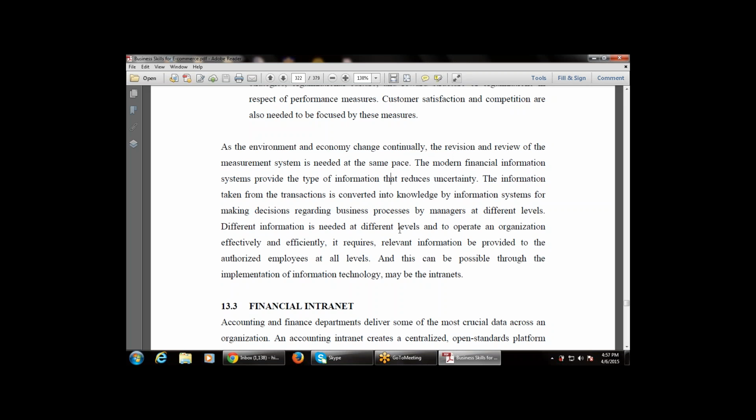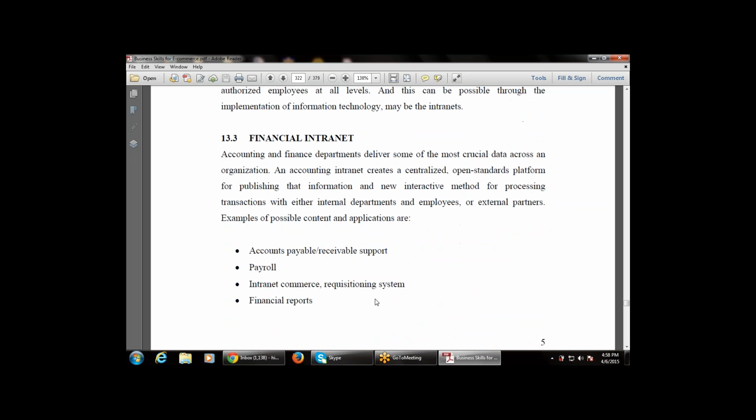Now next is the financial intranet. That is, how an intranet is related to financial aspects. This says the accounting and finance departments deliver some of the most crucial data across an organization.